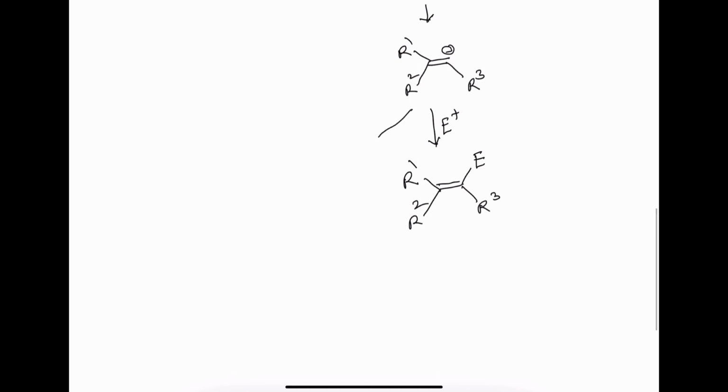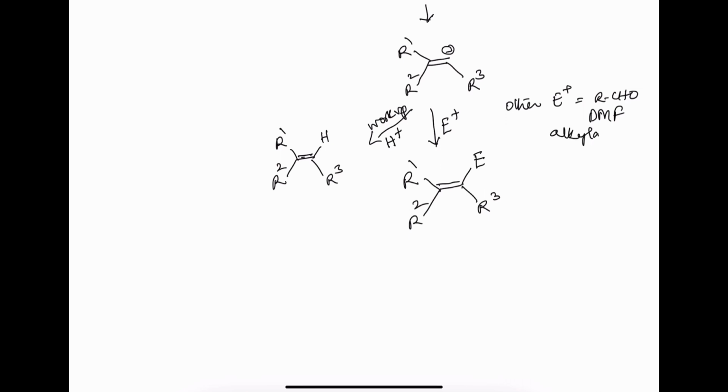If you do the workup, that is, pour it into water, then we get H+ as the electrophile, and we get the corresponding alkene. The other electrophiles that can be added are any aldehyde or DMF, or we can as well do alkylation reactions.